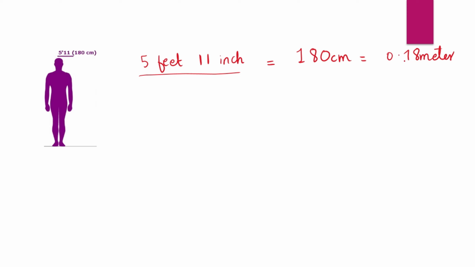Regarding the usage of units, for measuring length we have different units: inches, meters, feet. But different countries and different organizations have their own standards. Sometimes in the USA they use feet too much. In Pakistan we use meters.